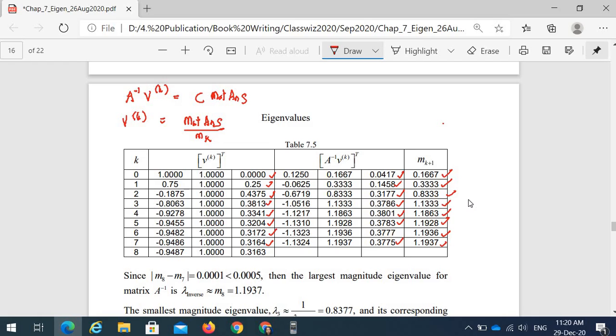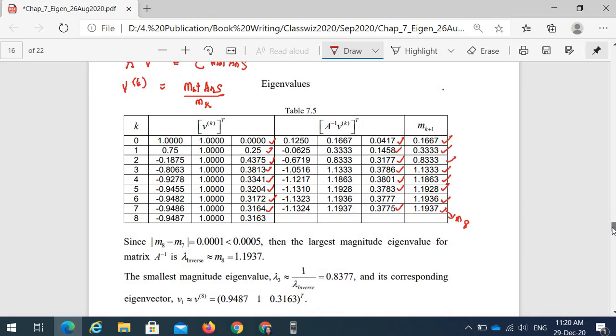So now you notice, when k is 7, M8 minus M7, their magnitude is 0.001, less than 0.005. Then the largest magnitude eigenvalue for matrix A inverse, lambda inverse, is equal to this value, M number 8, which is 1.1937.